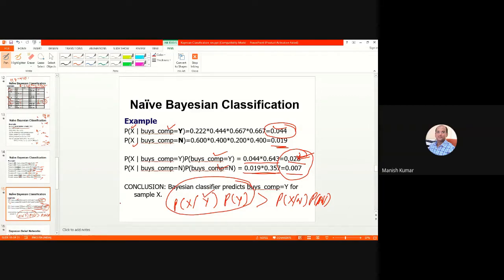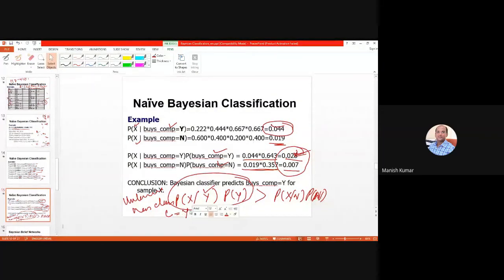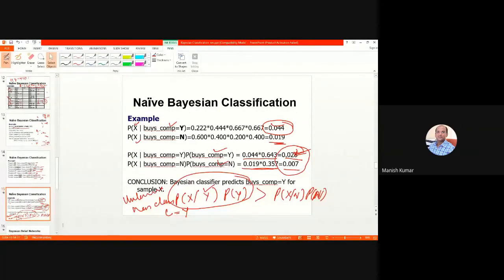So now the unknown sample has class yes, which is nothing but C1. So this is what Bayesian classification talks about.